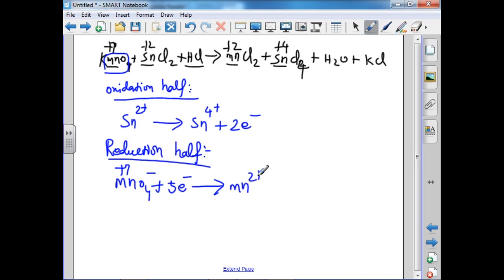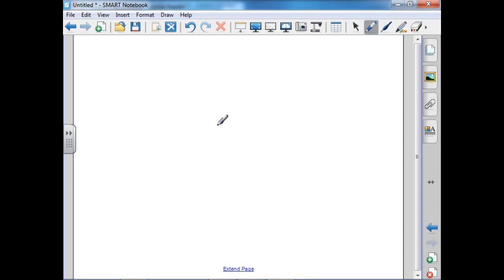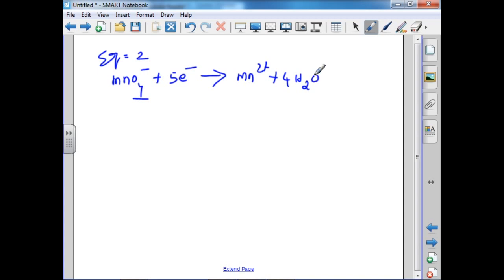The next step is to balance the atoms and charge. In the first equation there is no change, but in the second equation there are 4 oxygen atoms on the reactant side, so we add 4 water molecules on the product side.